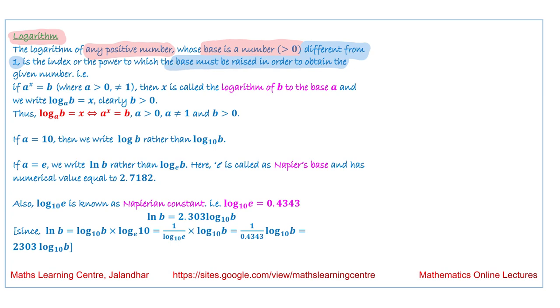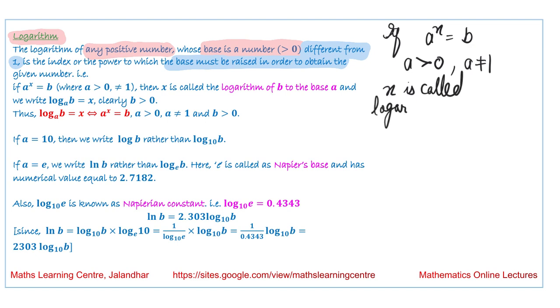So we are saying that if a raised to the power x is equal to b, where a is greater than 0 and a is not equal to 1, then x is called the logarithm of b to the base a.